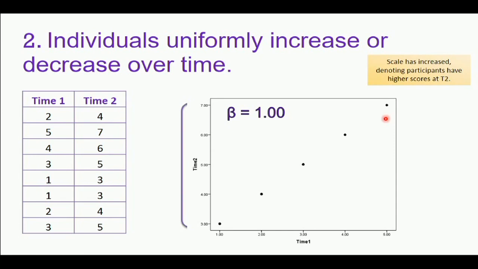So it could be that they're flatlining, no change, or it could also be that they're increasing at the same rate across all participants. You need to consider both possibilities. And in one of the examples that I'll show you today, to establish that, they had to go one step further and show that their means went up over time.